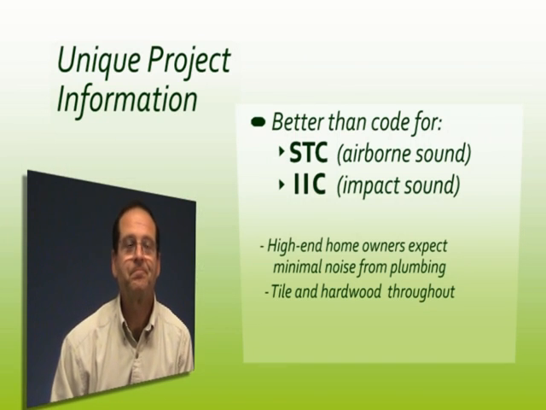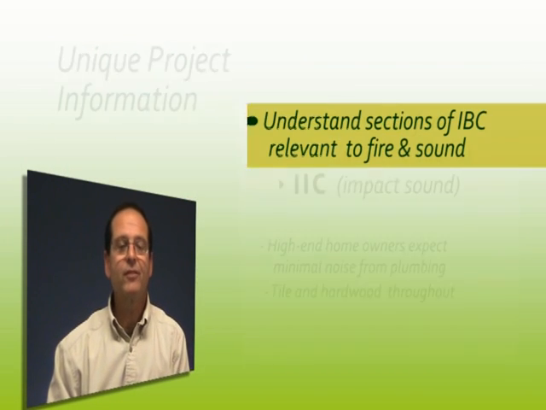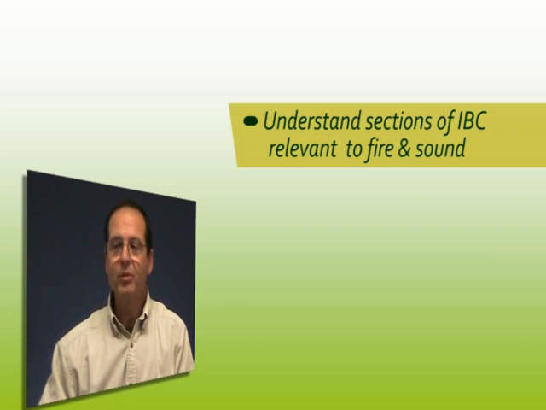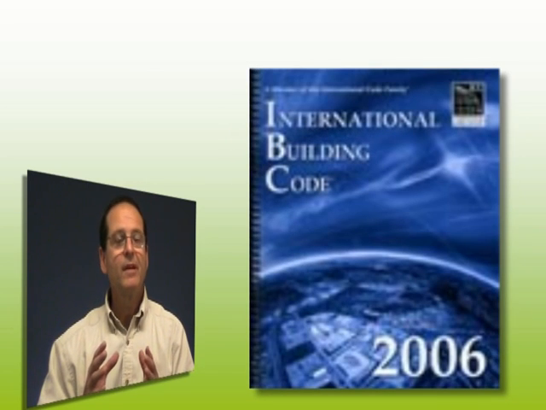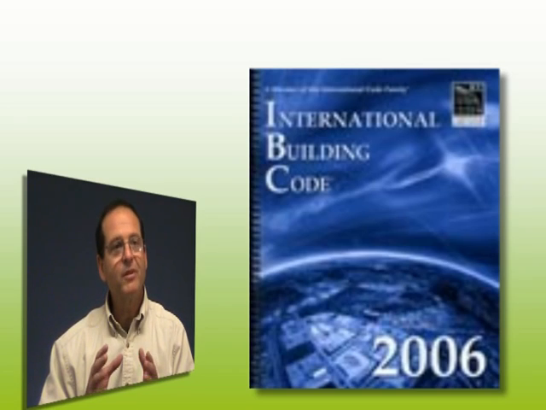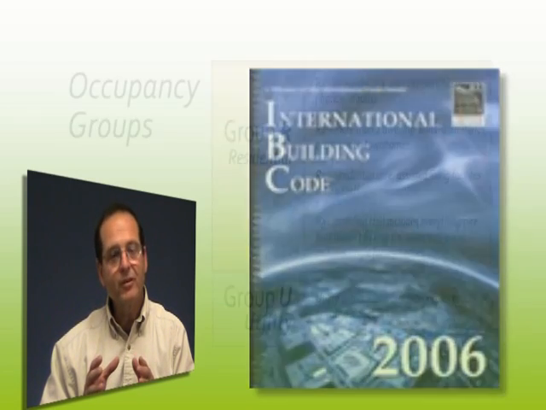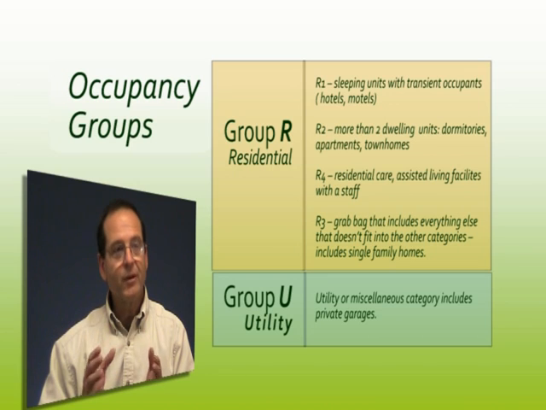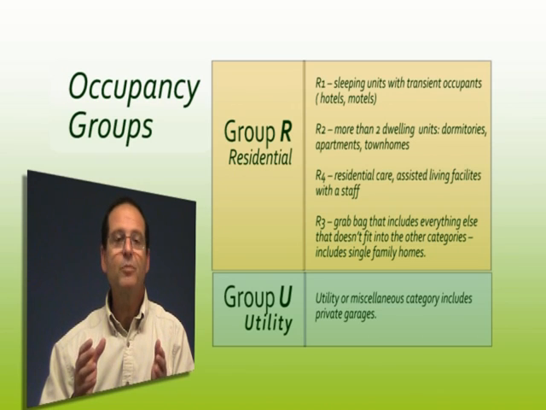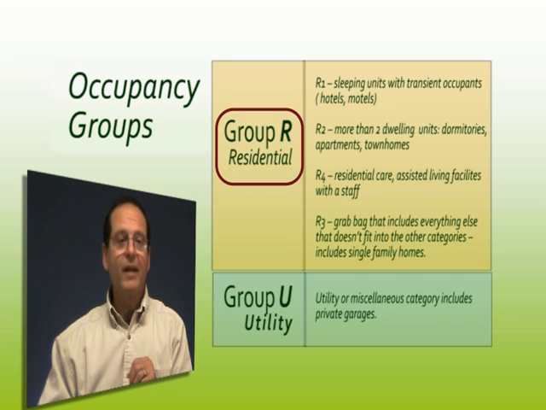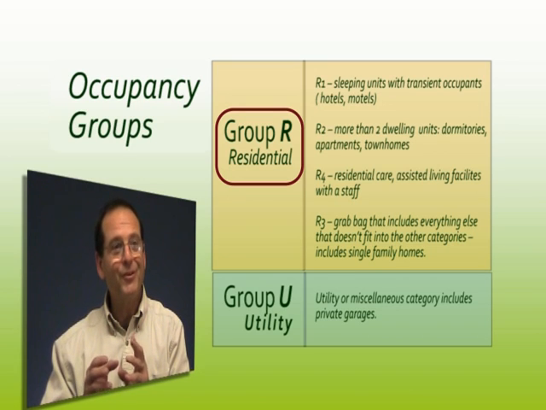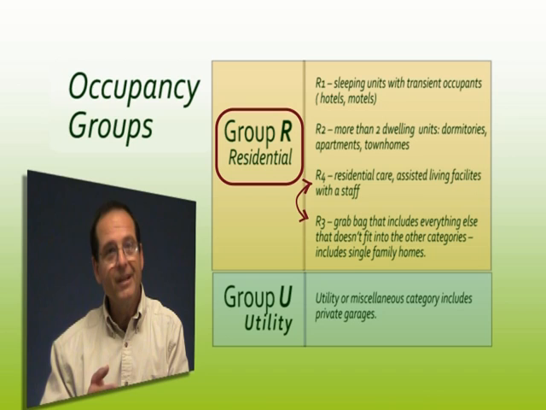Let's move on here. So the very first thing, jump into the code book. I know it's a thick piece of information to go through, but there's one very simple place to jump in, the very front end, which is the different occupancy groups. This is going to be residential. It's going to be an R group. There are 4 different types, as you can see listed there. And I actually have them slightly out of order, if you notice. There's 1, 2, 4, and then 3.